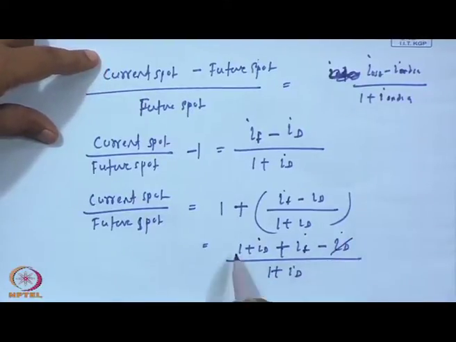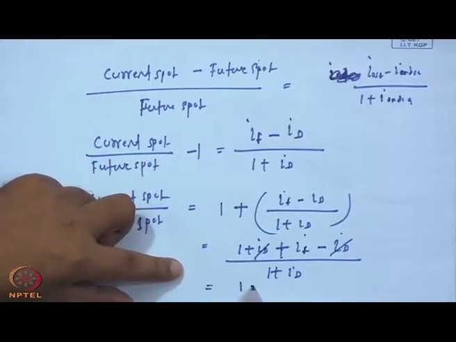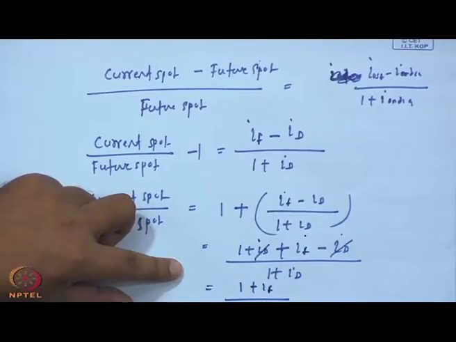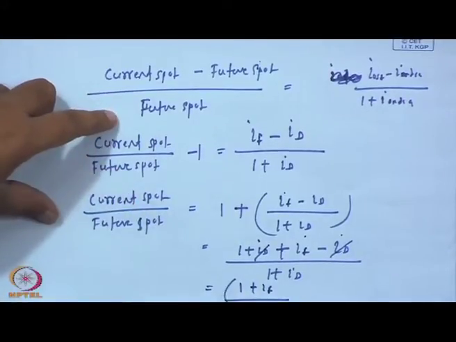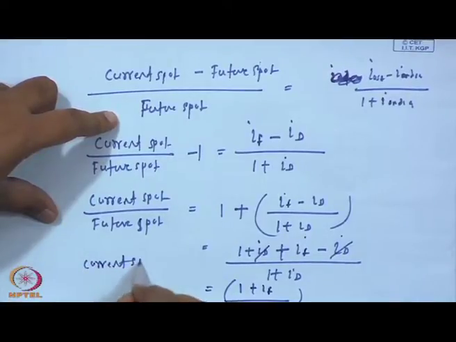The domestic interest rate cancels out. So, 1 plus the interest rate in the foreign country divided by 1 plus the interest rate in the domestic country will be our current spot divided by future spot.